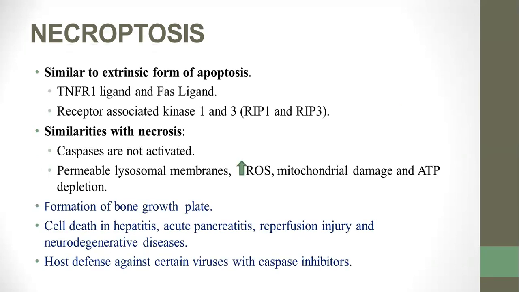It is similar to the extrinsic form of apoptosis because there is activation of FAS ligand and there is receptor-associated kinase activity. It is similar to necrosis because caspases are not activated. It is caspase independent and there is lysosomal leakage, there is increased production of free radicals, there is mitochondrial damage and ATP depletion.